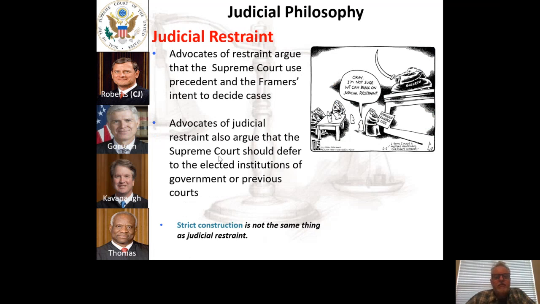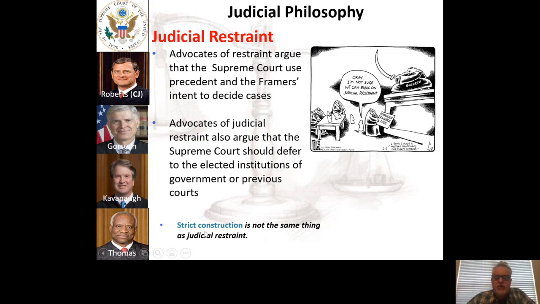If we go back and look at this, often these two terms, judicial restraint and strict construction, are determined to be the same thing by people, but they really aren't. This talks about the behavior of the decision. This talks about how the Constitution is interpreted.